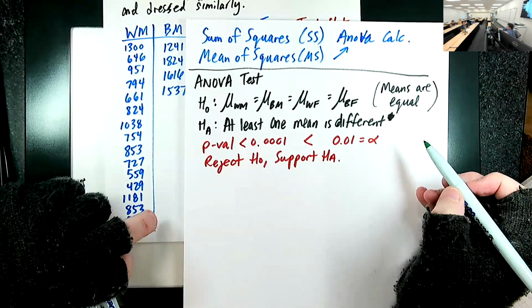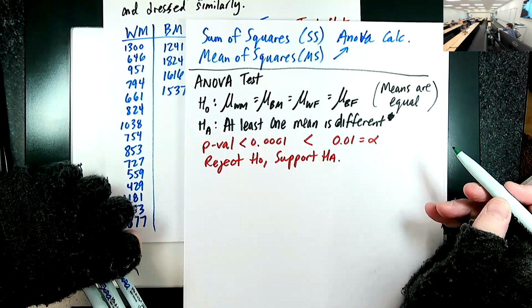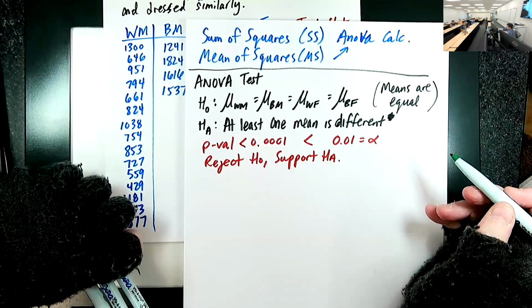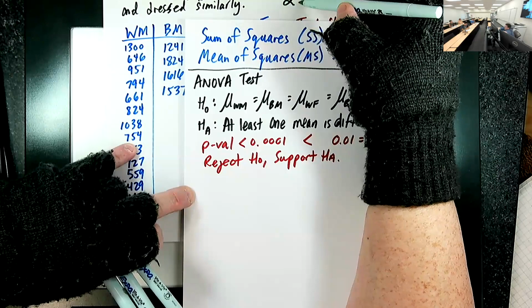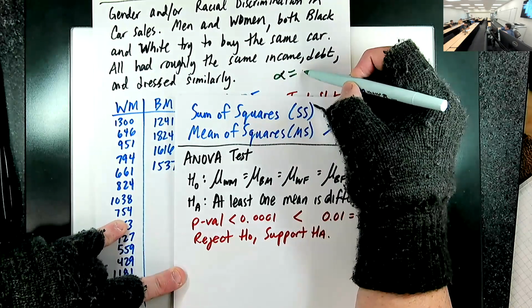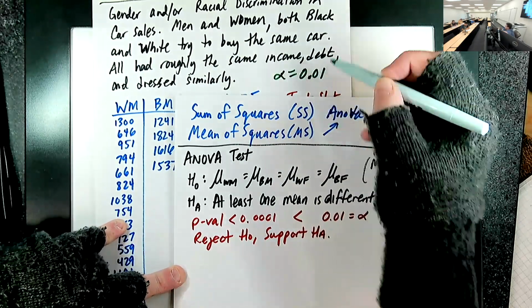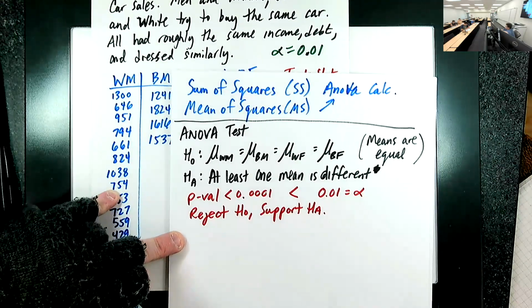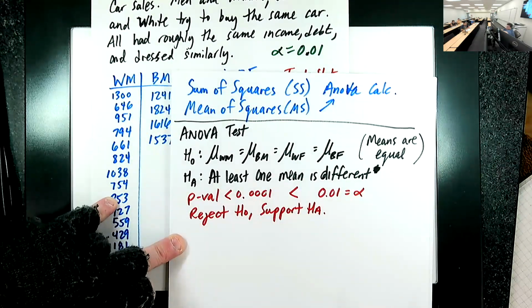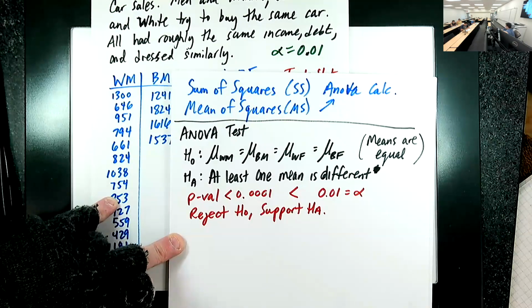Wouldn't the alpha be 0.05 since it's not given? I'm giving it as 0.01. Oh, okay. I'll come up here and add it. But yes, if it's not given, use 0.05. In fact, in the version I have written down, I have it as 0.05. I just didn't write it earlier.